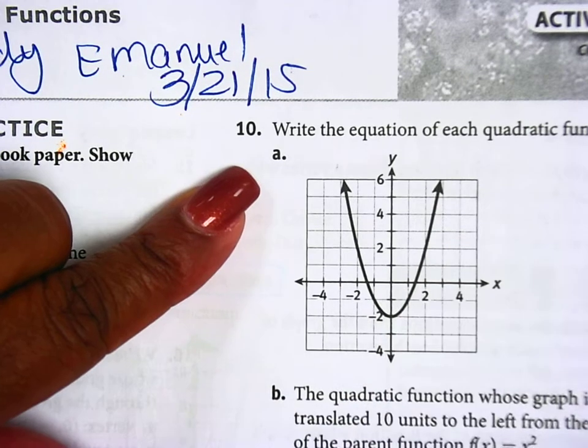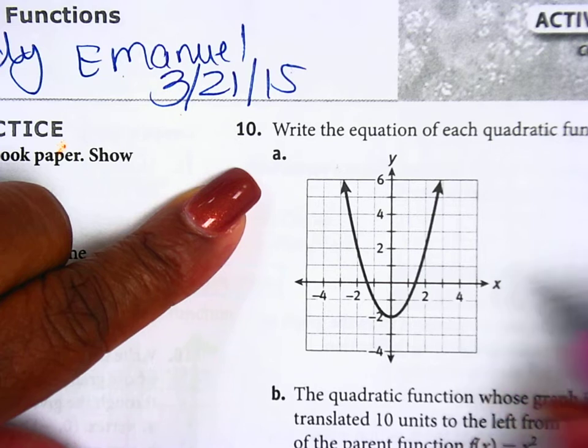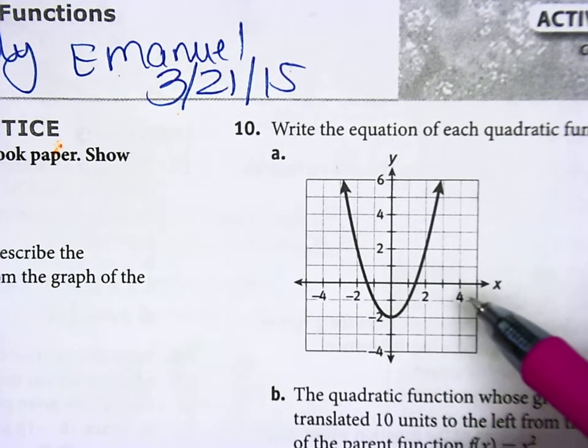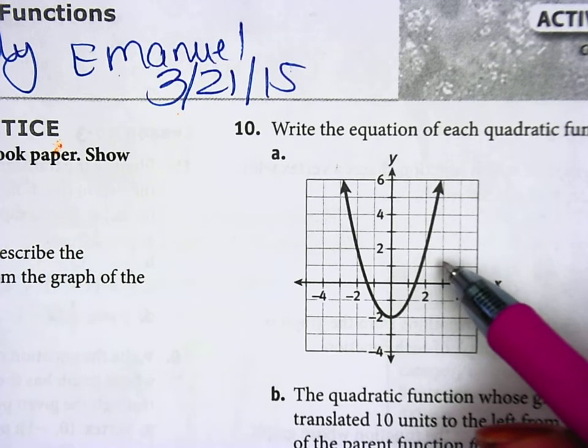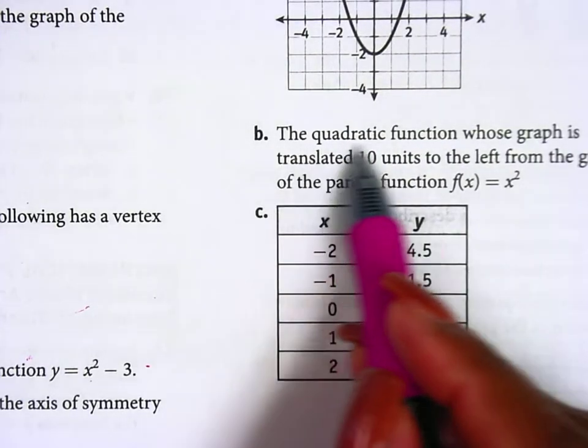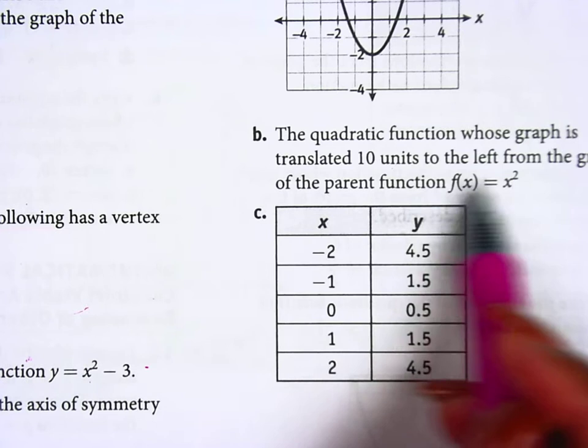Number 10 says write the equation of each quadratic function. Guys, you may need to go back and look at the video that I worked out. I showed you how to determine a, and from there we got the equation. B says the quadratic function whose graph is translated 10 units to the left from the graph of the parent function.